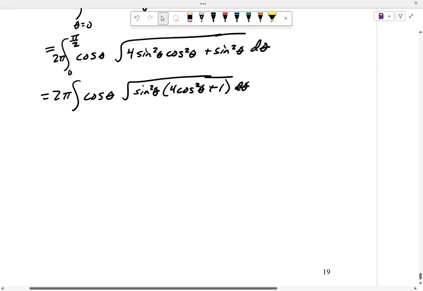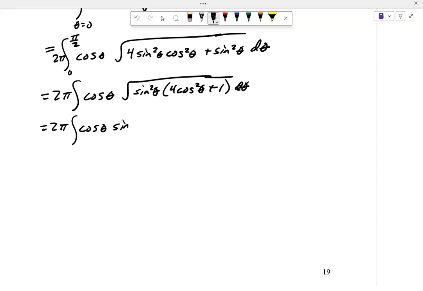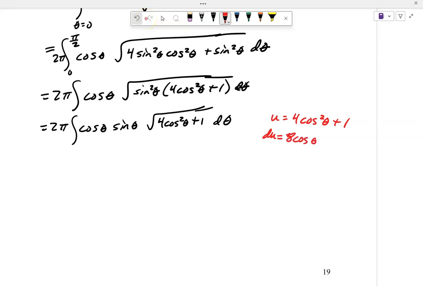I know the square root of sine squared. And then I'm going to let my u be 4 cosine squared theta plus 1. So du would be 8 cosine theta times negative sine theta d theta.